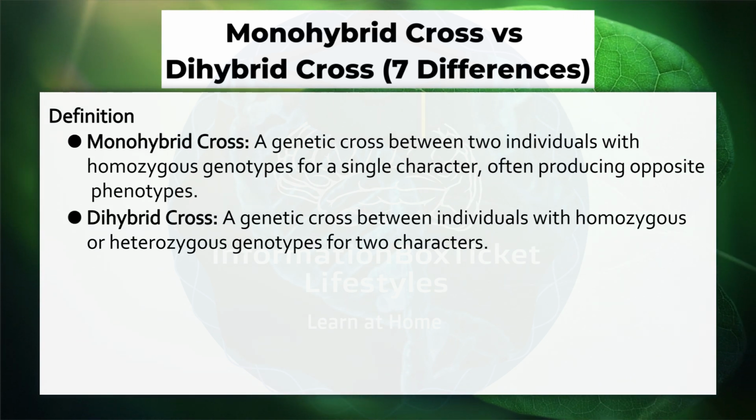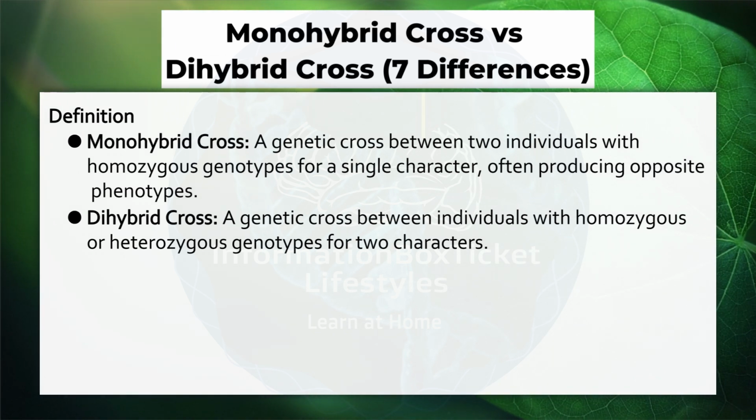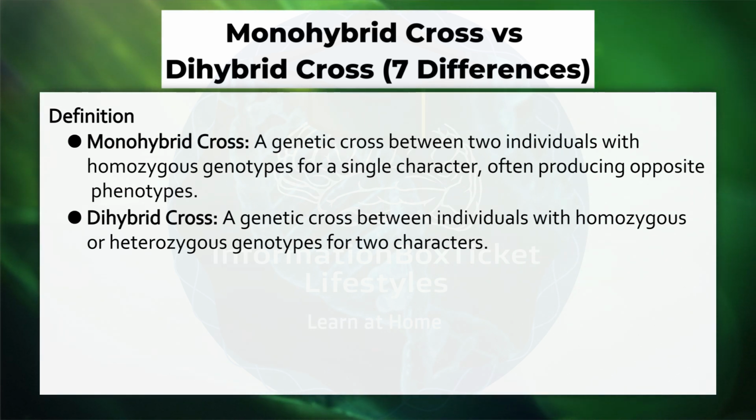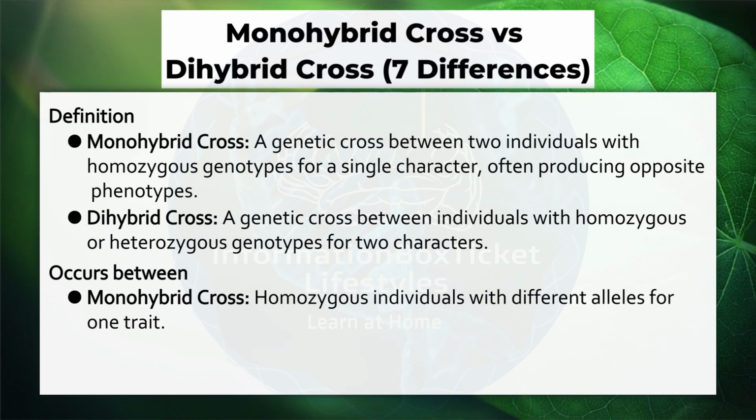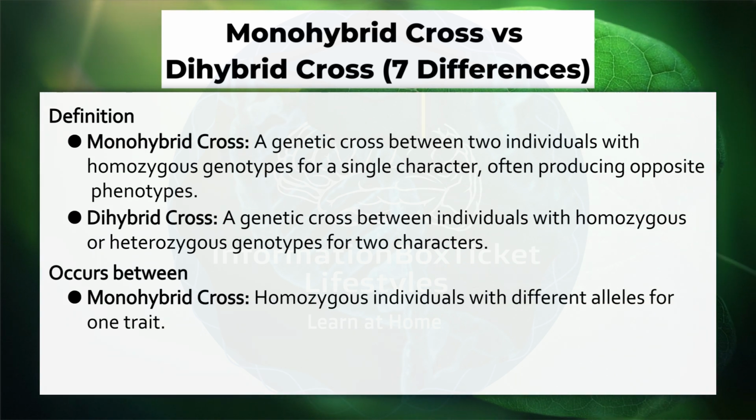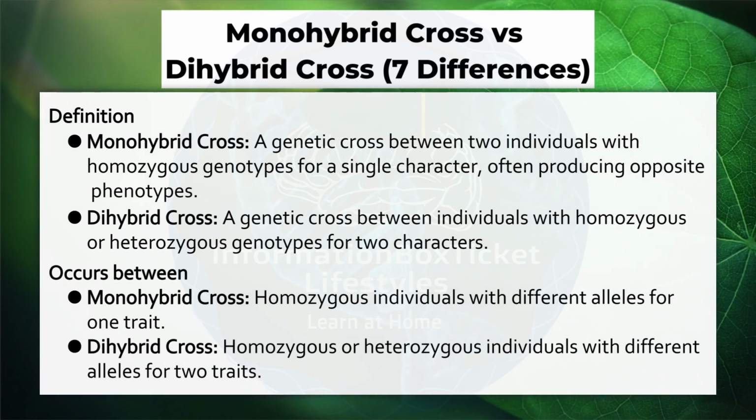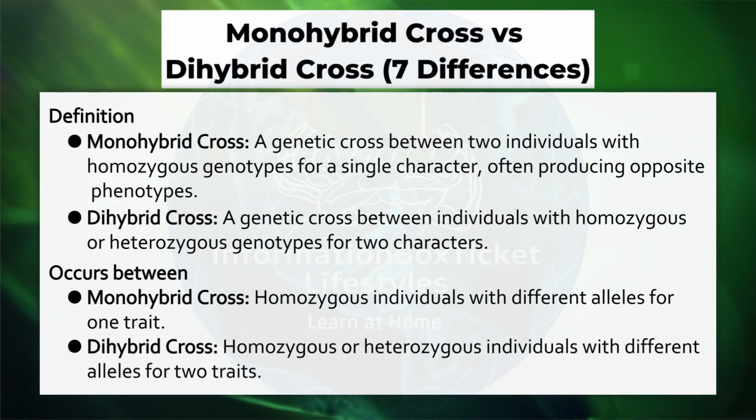A genetic cross between individuals with homozygous or heterozygous genotypes for 2 characters. Occurs between: monohybrid cross, homozygous individuals with different alleles for 1 trait. Dihybrid cross, homozygous or heterozygous individuals with different alleles for 2 traits.